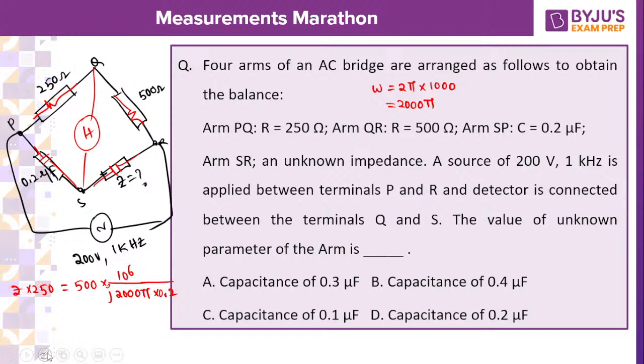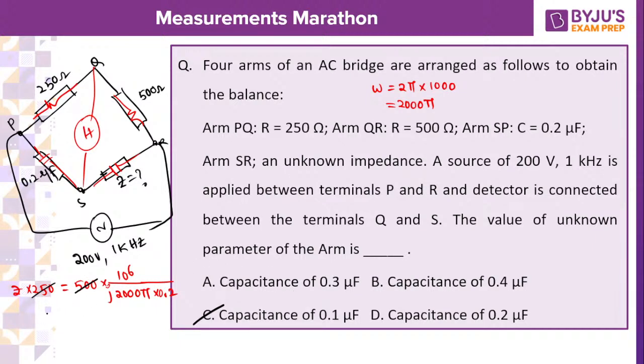Now I can cancel out here. You can solve this one, so you'll get Z probably as 0.1.